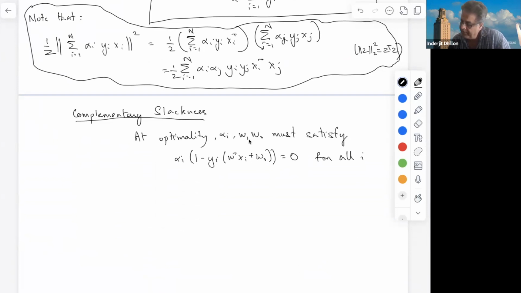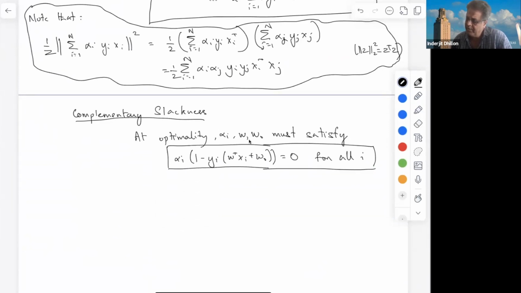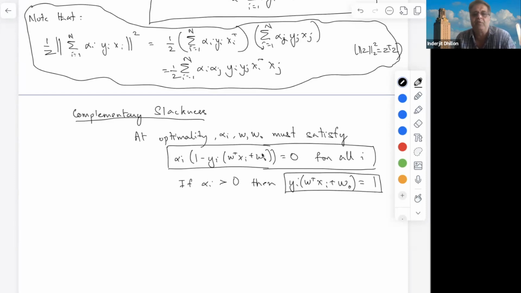Okay, what does this mean? It means that if alpha i is greater than 0, then yi times (W transpose xi plus W naught) must be equal to 1, which means that this quantity must be equal to 0.